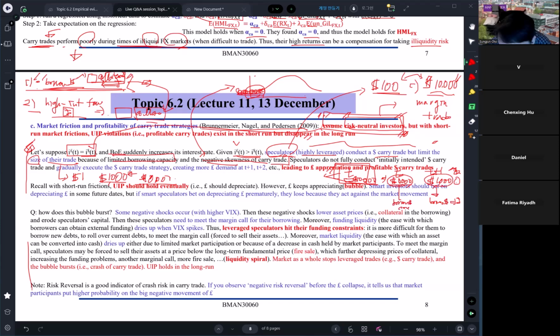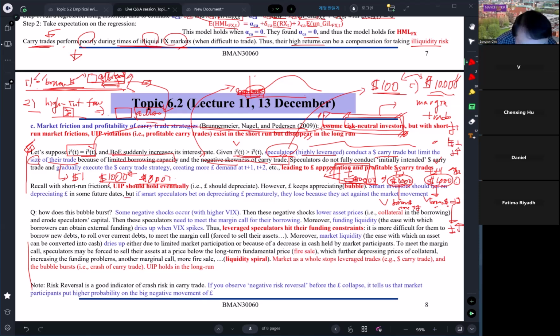Each and every period, you do this, gradually executing the dollar carry trade strategy. Then what is going to happen? At T plus one, borrow dollar, convert, invest into pound. That means pound appreciation. Borrow dollar, convert into pound: always more demand for pound. So pound appreciation at T plus one, at T plus two, at T plus three.